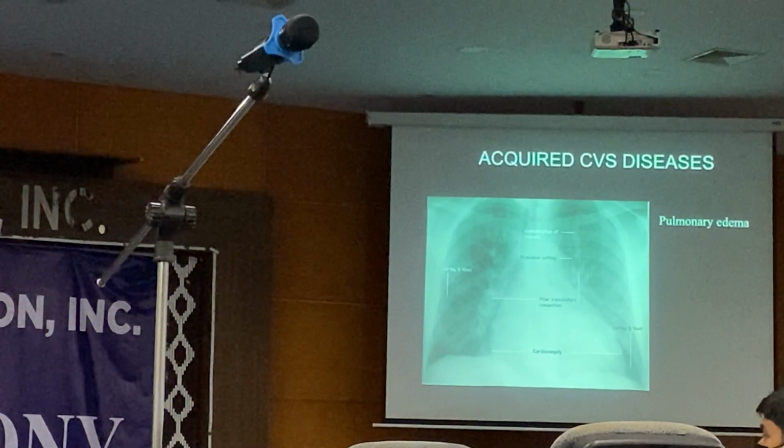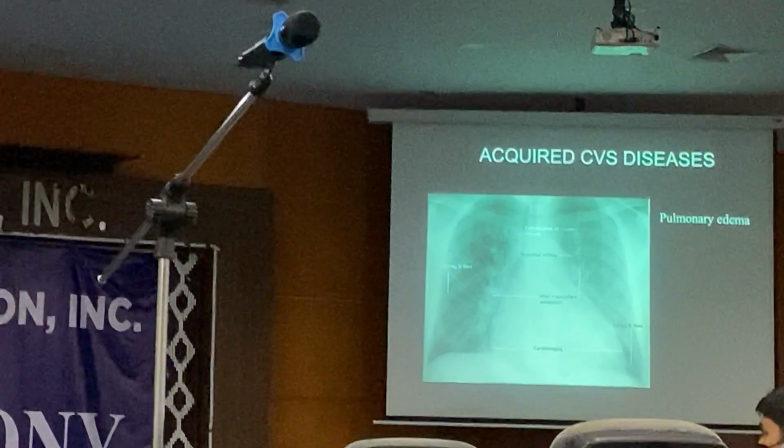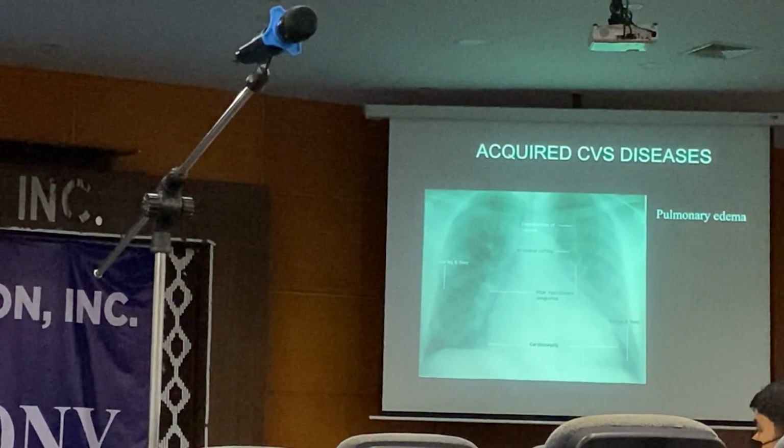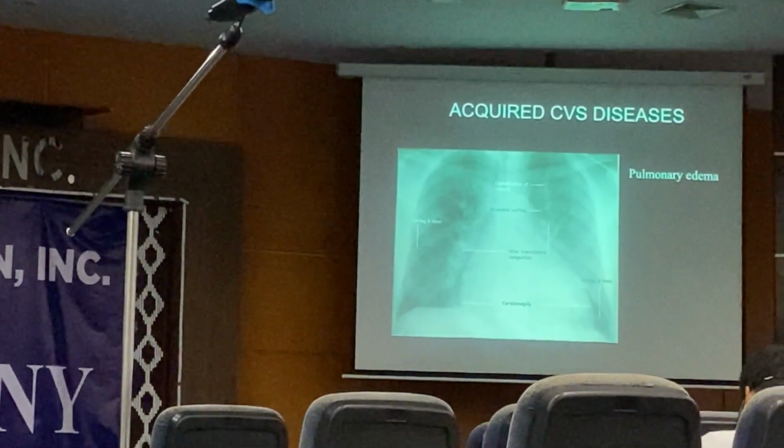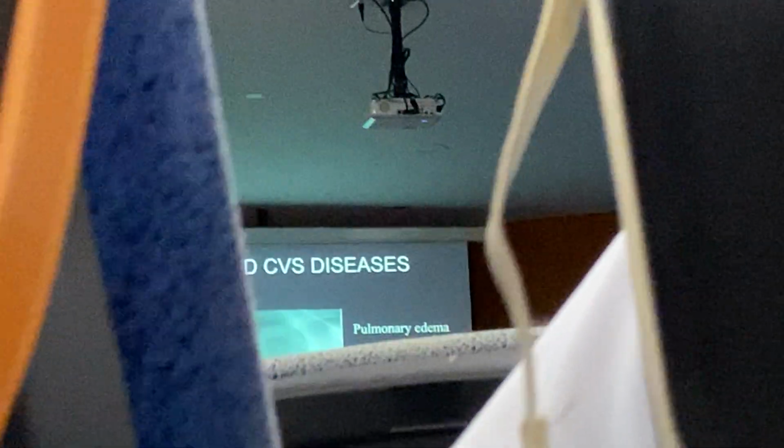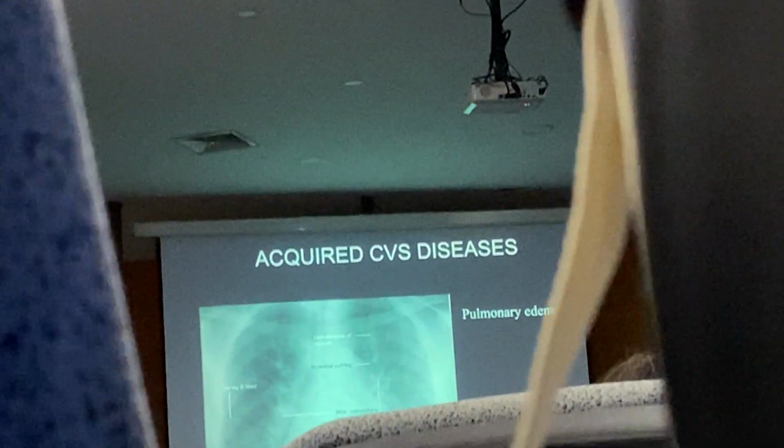But when you develop congestive heart failure, you need more oxygenation for your body. So you need to recruit more oxygenation, so your pulmonary vasculature in your upper lobe would dilate. So you'll see your pulmonary vasculature in the upper lobe become prominent. That is what you call cephalization.